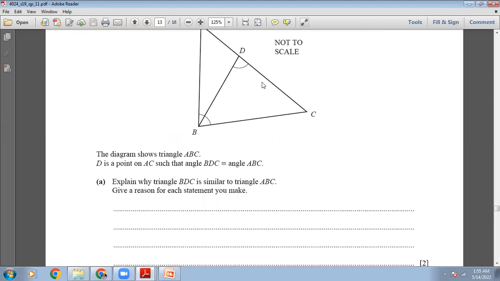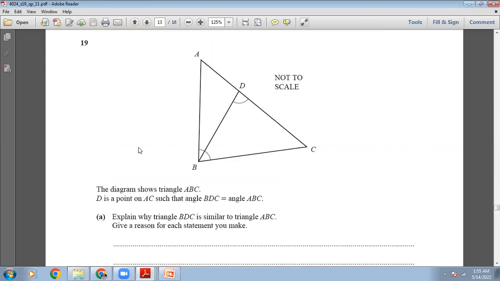Okay, if you want to prove that the big triangle and this triangle are similar to each other, you see the angle C is common in them. So I can argue that this angle and this angle are equal. It is given. So I will say angle ABC is equal to angle BDC. It is given that these two angles are equal.